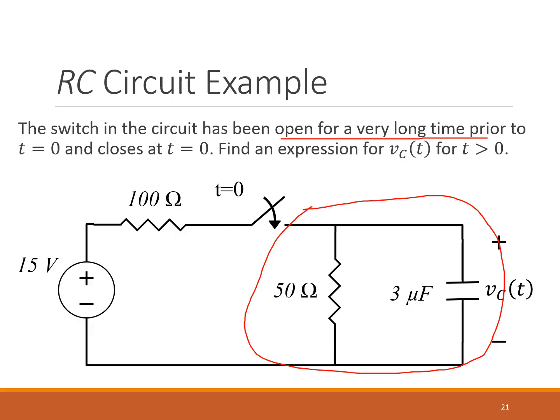We could calculate the specific time constant with this 50 ohms and this 3 microfarads, but by saying a very long time, we're essentially saying that any energy that might have been stored in this capacitor has since been dissipated, such that we now have a voltage of 0 across our capacitor. And so that's going to be useful, of course, as we talk about our initial capacitor voltage.